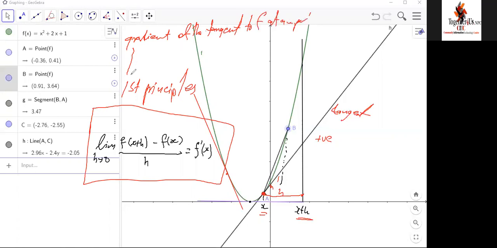That's one. We also use it to find the slope or the gradient of the function itself at any point.